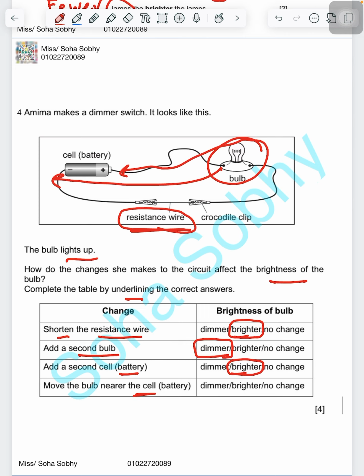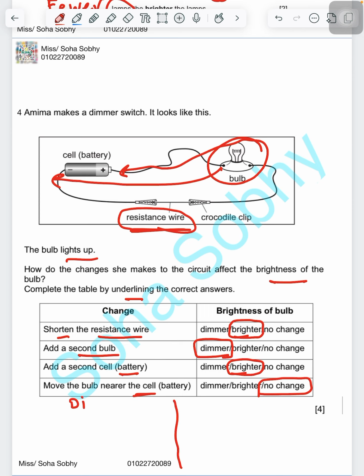Actually, no. So here, no change, because the brightness doesn't depend on the position of the bulb. It only depends on the number of batteries, the number of lamps, the size of the wire, or the length of the wire. So here, let's recap what we said.